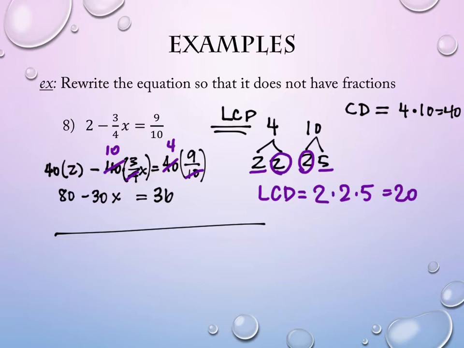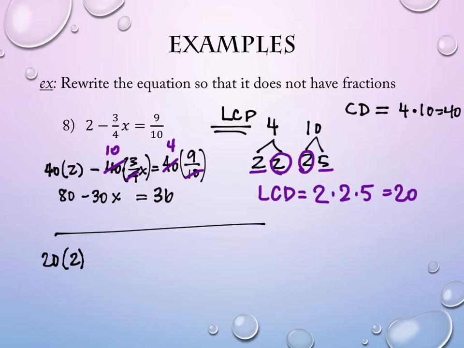So why was 40 overkill? Well, because it got an extra 2 from each of the 2 factors, right? It got both of the 2's from the 2 times 2 is 4, and it got both, and the additional 2 from the 2 times 5 is 10. So if I use 20, it's actually sufficient, and it will eliminate my fractional denominators as well.